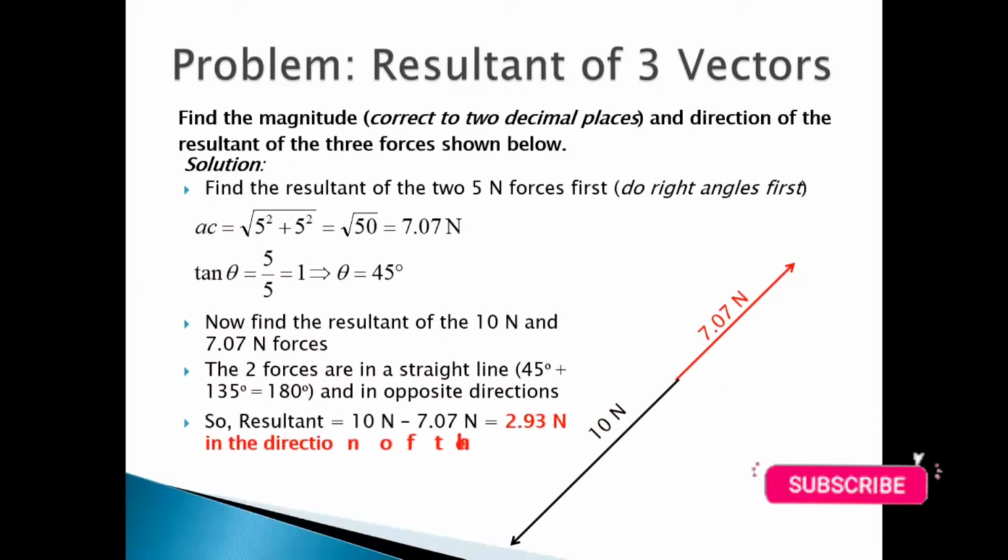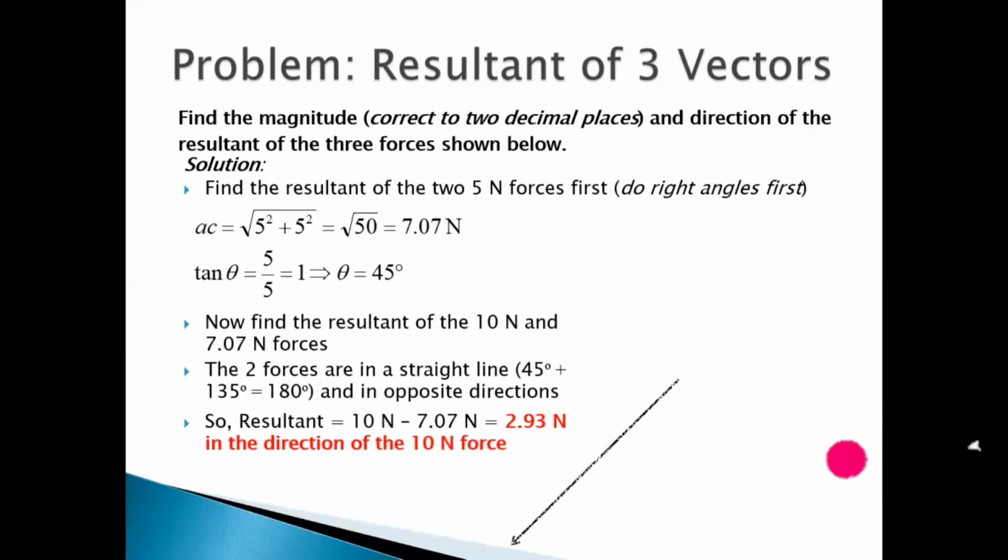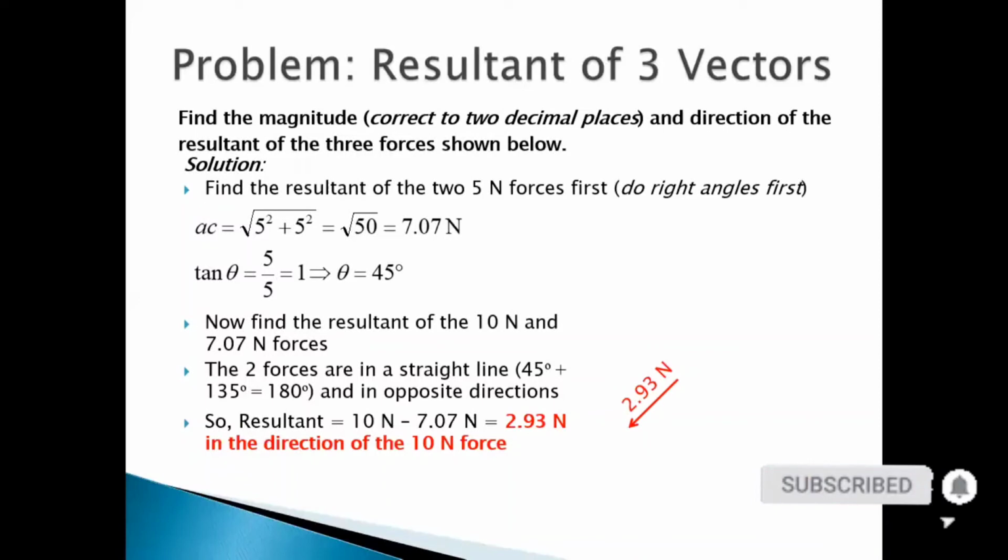So the 10 newtons will be affected by taking out 7.07. Therefore, you have the resultant vector 2.93 newtons in the direction of the 10 newtons force.